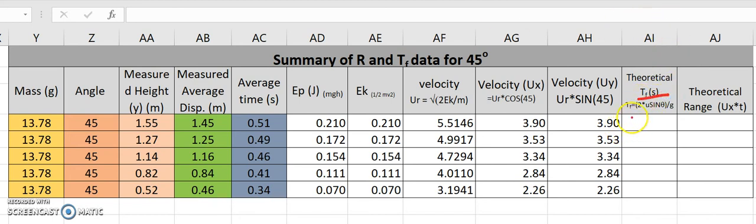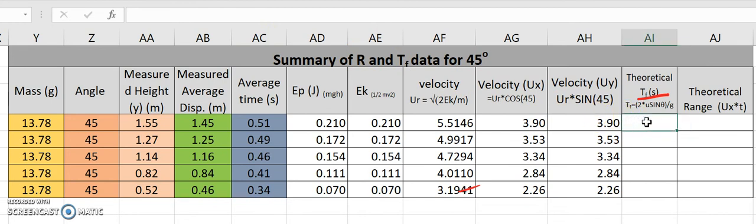The theoretical time of flight is 2 times u, so v naught, or ur, the resultant velocity, which is that velocity there, multiplied by the sine of the angle, 45 degrees, divided by g. So we can put this straight into Excel as a formula, if I can find my mouse.